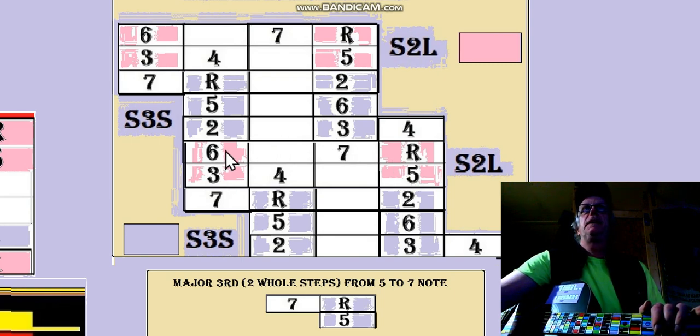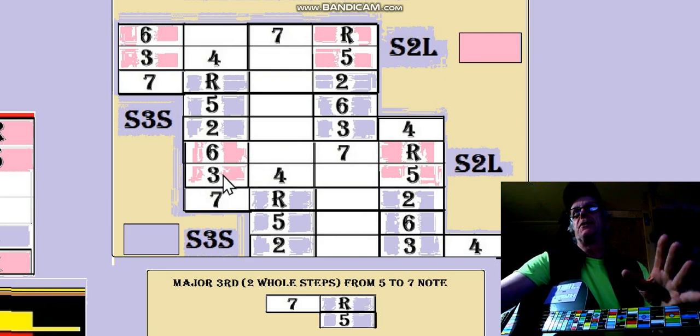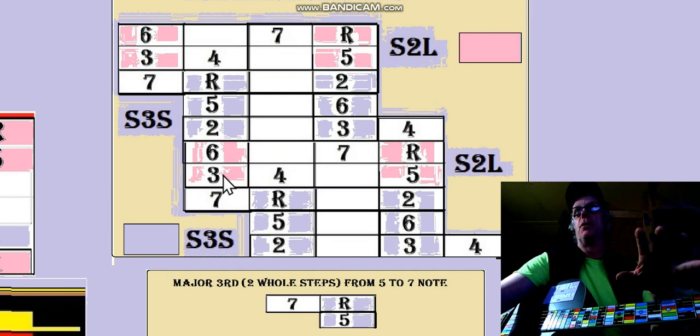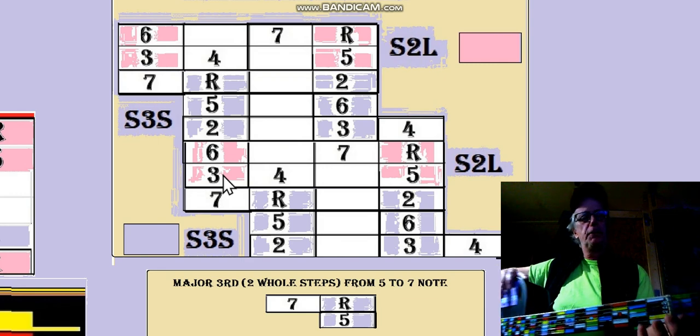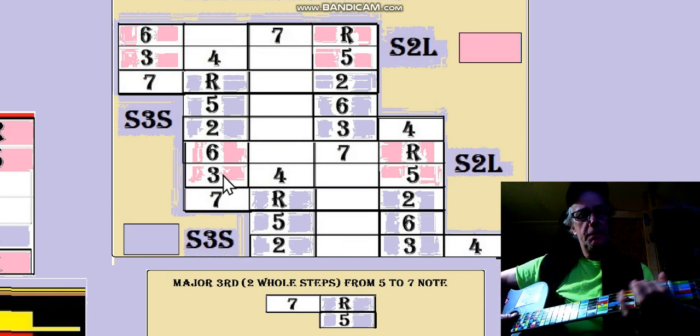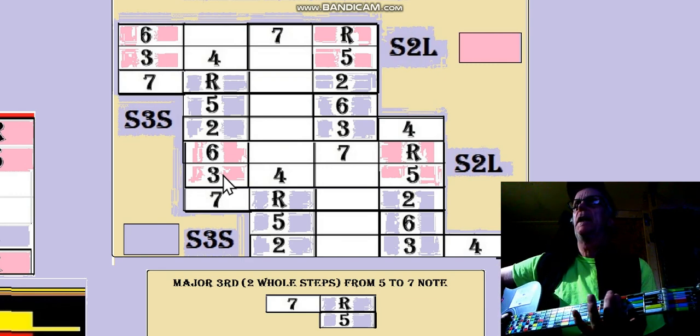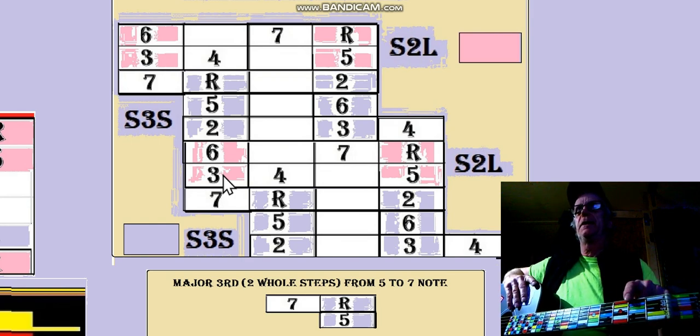Alright, so let's say we're talking about the key of C, the first 3 or 4 frets, open chord zone. Right here, this is the open fret zone.